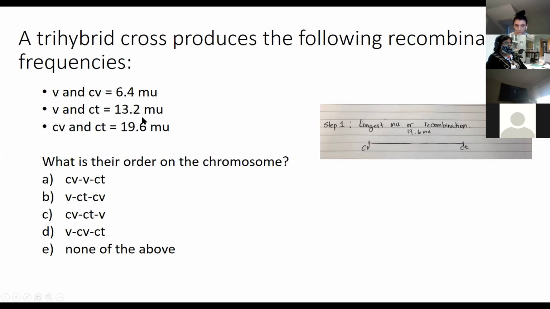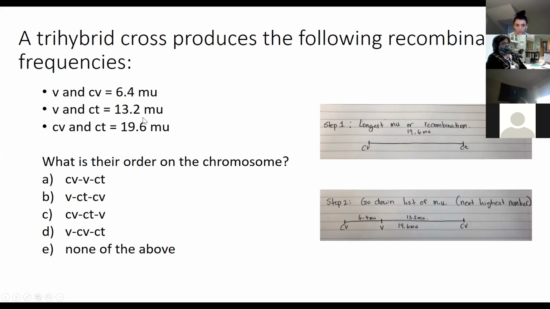Then you would go down to the next highest one, and then go down that list of map units. So in this case, we know that V and CV have a shorter distance between each other. Then we have 13.2 for V and CT. That's saying that there is some distance.